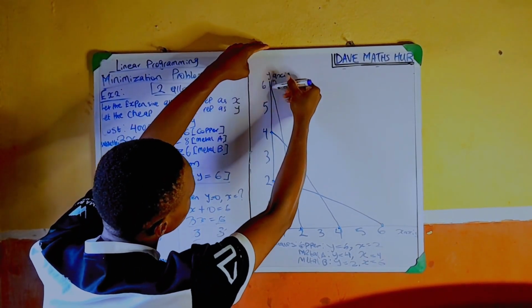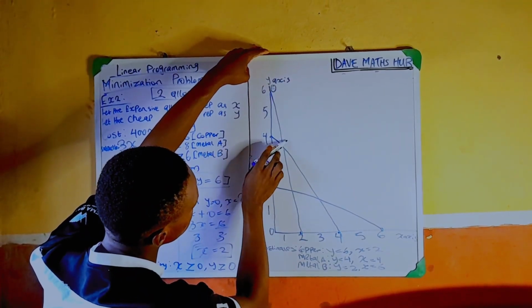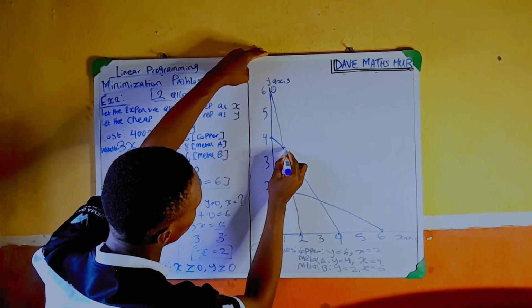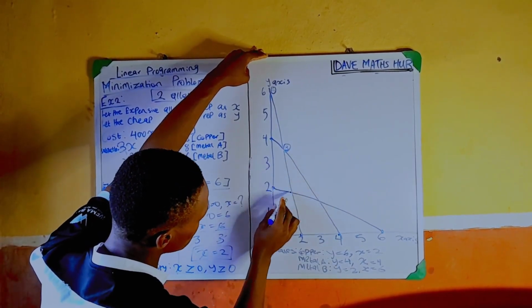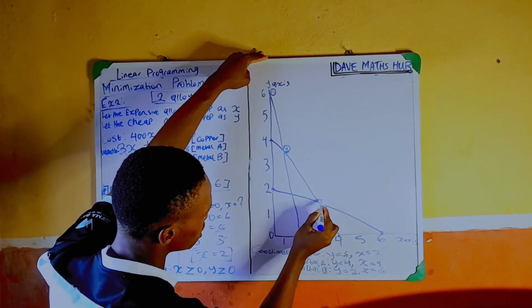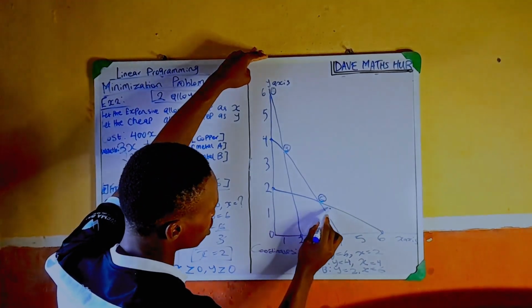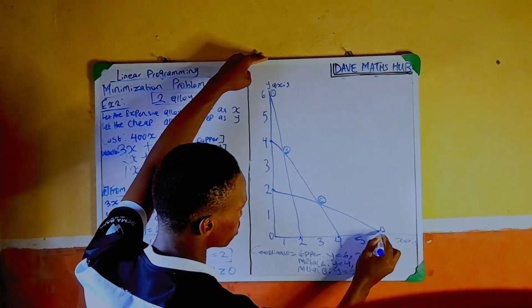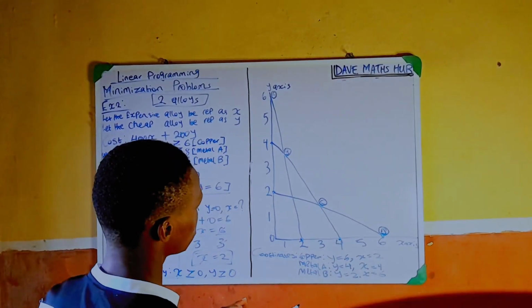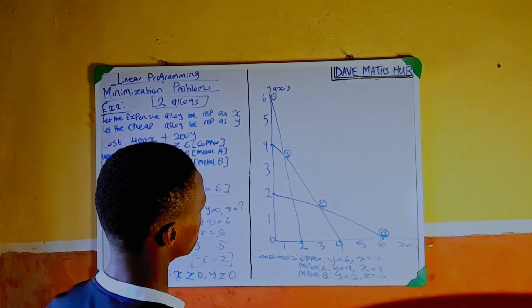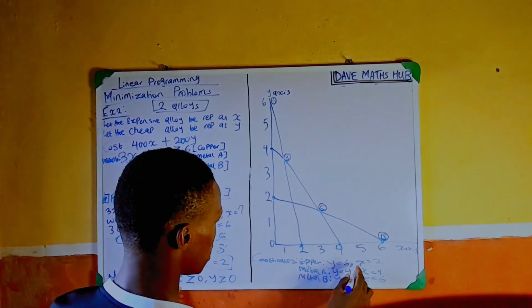Then coming down, we cannot come here because this is more outside. So coming down, this will be point B. Still coming down, don't allow it to come inside. Still coming down, touches here, this is point C. Still coming down, and this is point D. So from this now, we can know how to do our corner points. Remember, this is copper A, 6 and 2.